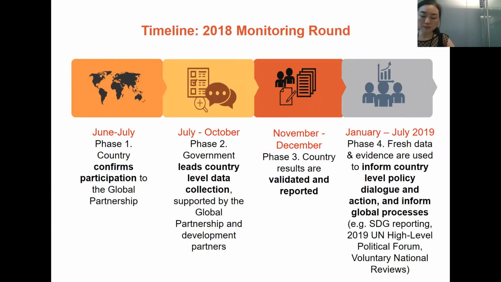Now, in terms of the timeline, the evidence and data will be informing some of the global progress processes, such as the SDG reporting, but also the IATF, the Interagency Task Force report on financing for development, as well as the 2019 UN High-Level Political Forum.